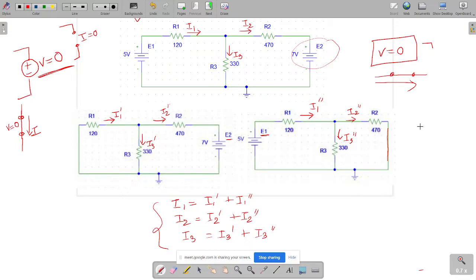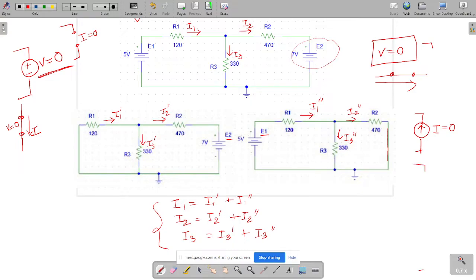Now, how do you deactivate a current source? You will simply make the current of the source equal to 0, just like we did in the case of the voltage source, right? When you make the current equal to 0, it means that there is no current flowing through the branch.